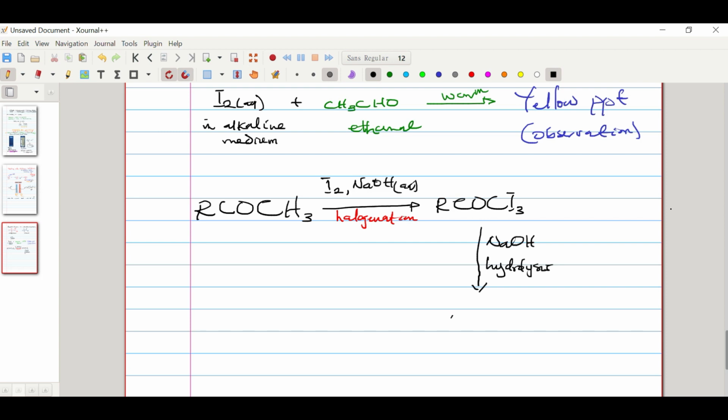We're going to have RCO, you know, hydrolysis will give us an acid, but this time around it's going to be the salt, because of the sodium that we have over there. So we have RCOO-Na+, the sodium salt, plus our iodoform, CHI3. So this is our triiodomethane or iodoform.